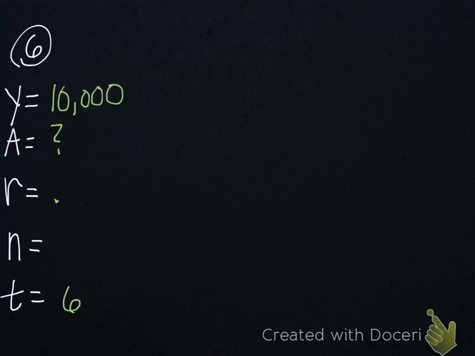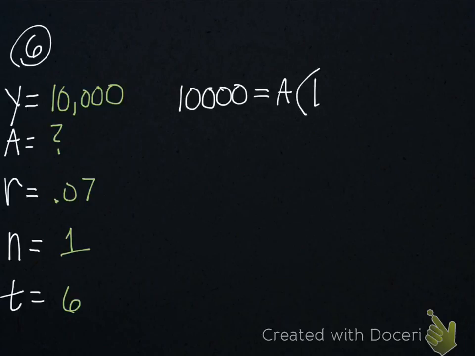My rate is again 7%, but this one's compounded yearly, so it simplifies a lot because that's like a birthday. It's just once a year. So now let's plug it into the equation. 10,000 equals A, parenthesis, 1 plus 0.07 divided by 1, which you don't really have to put that part in, raised to the 6th power.